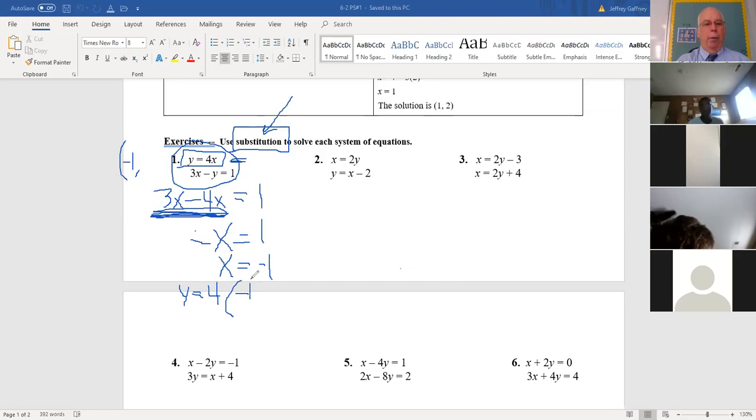Bada bing, bada boom. So y equals -4, right? So these two lines intersect, and they intersect at -1, -4. That makes sense?